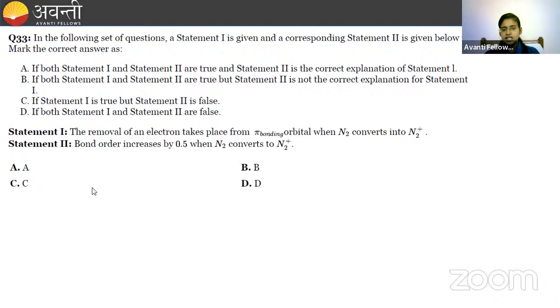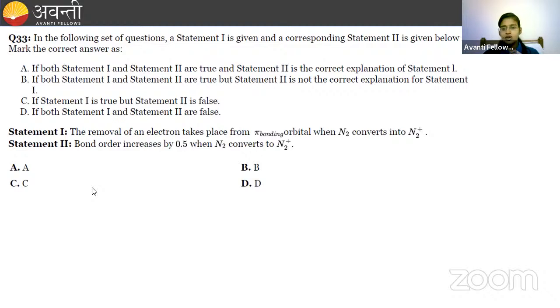Statement 1 says, the removal of an electron takes place from pi bonding orbital when nitrogen converts to nitrogen plus. So before going into the answer to check whether it is true or not, let me give you the molecular orbital energy level diagram for this nitrogen.